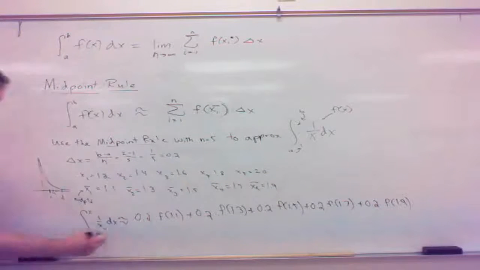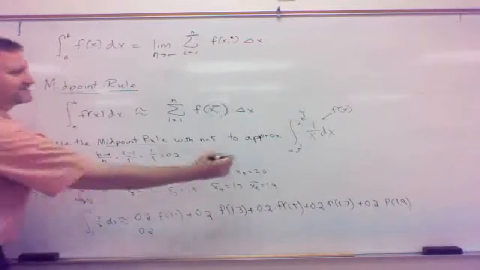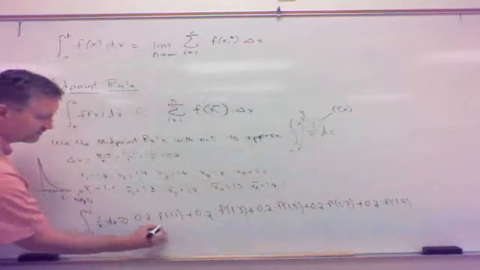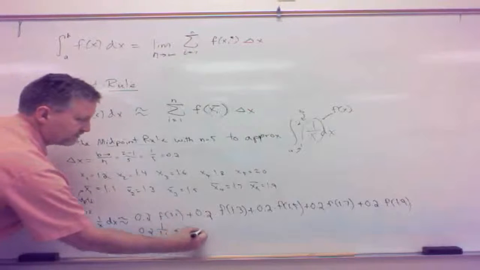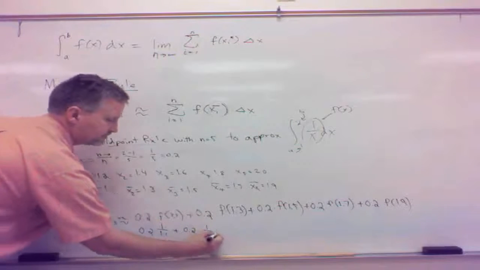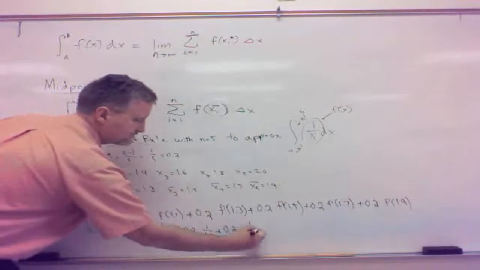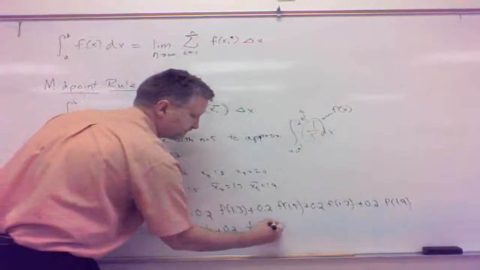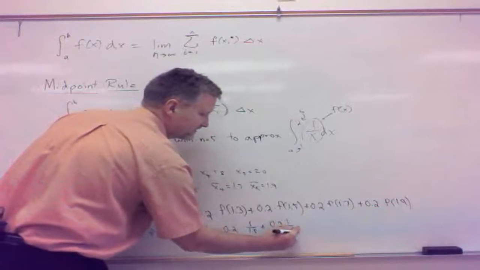Plug that into your calculators or however you want to do it. This one's a fairly easy function, so this would be 1 divided by 1.1. This would be 0.2 times 1 divided by 1.3, 1 divided by 1.5, and so on. It's kind of a wash, I would think, on which one would be easiest.